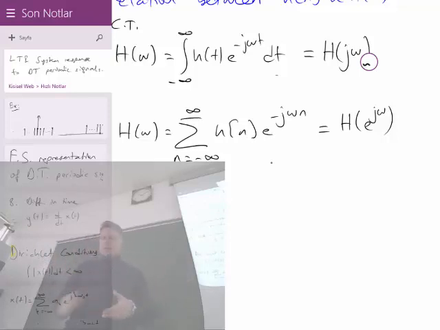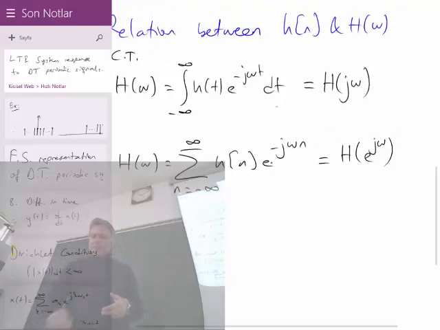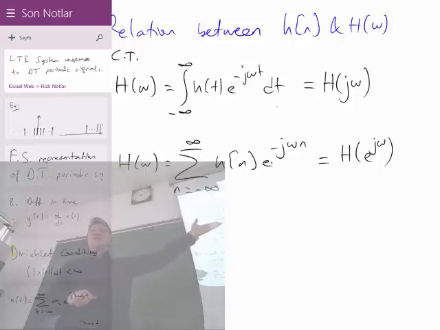Don't worry about that. So these two differentiate between the continuous time frequency response and the discrete time frequency response. From now on, if I give you H of e to the j omega, it corresponds to a discrete time frequency response, not a continuous time frequency response.